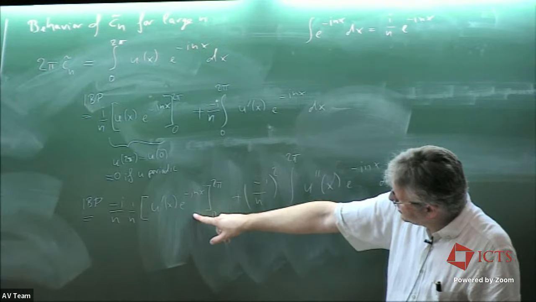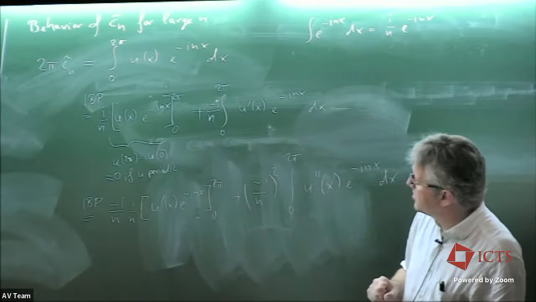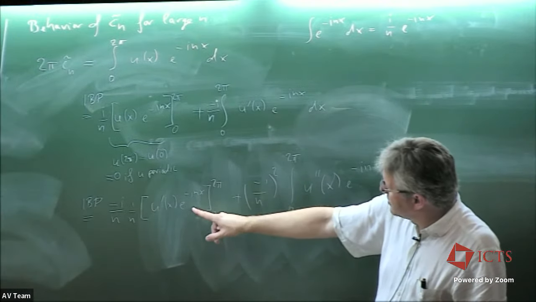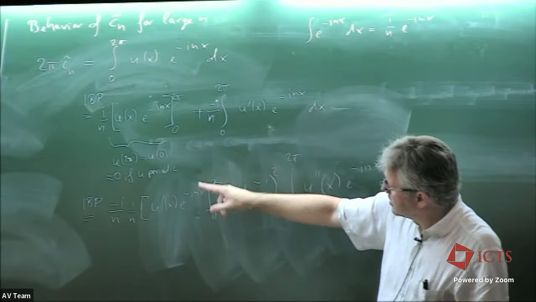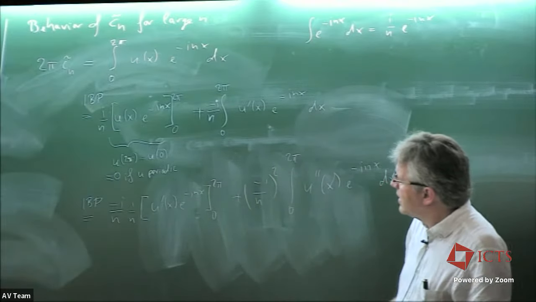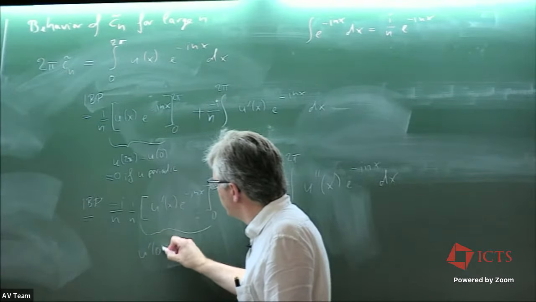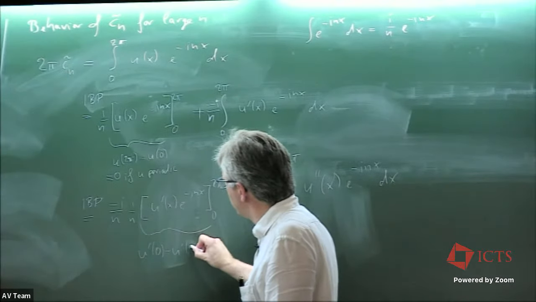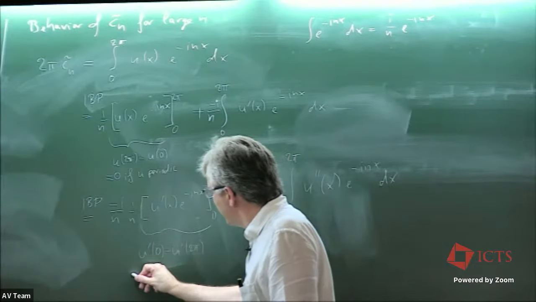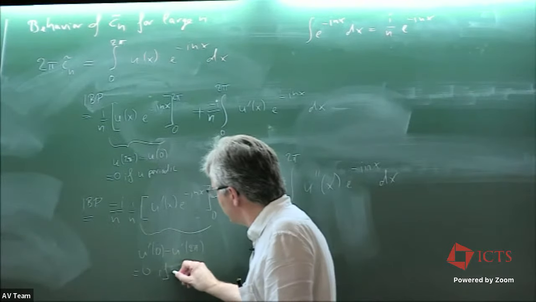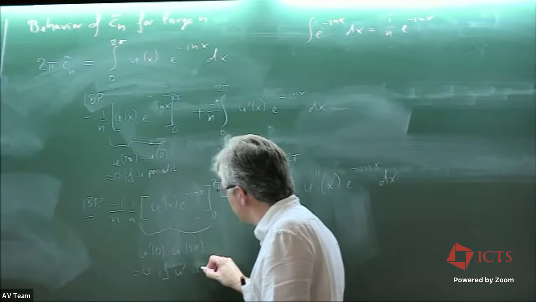Again, looking at the boundary terms here, the exponential is again 1 at both ends. And so this term here becomes u prime of 0 minus u prime of 2 pi. And that is going to be 0 if u prime is periodic.